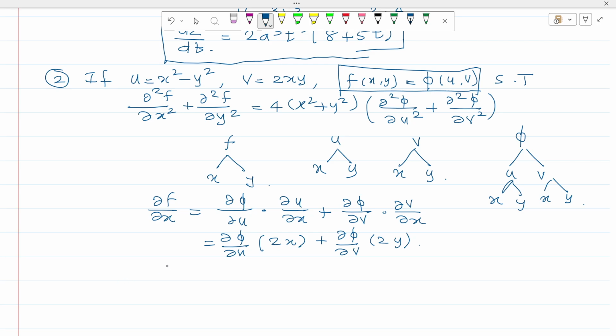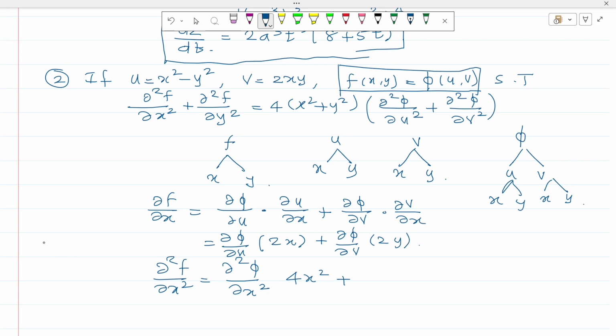Dou square f by dou x square is dou square phi by dou x square into 4x square plus, it is like the uv method.